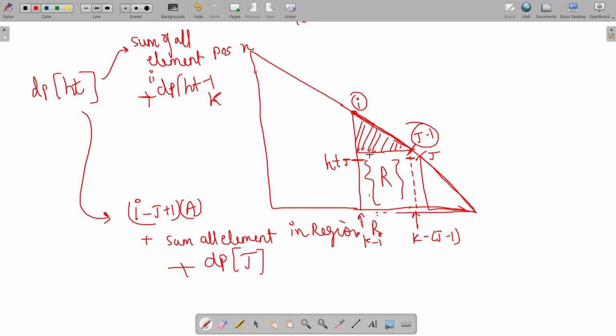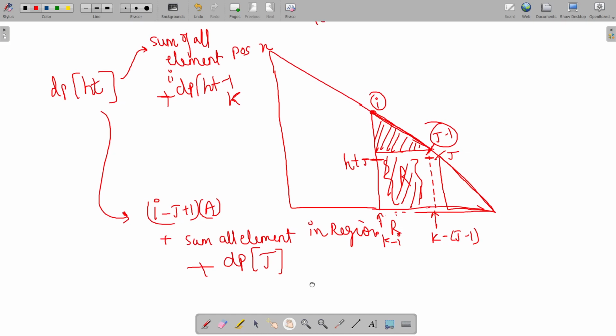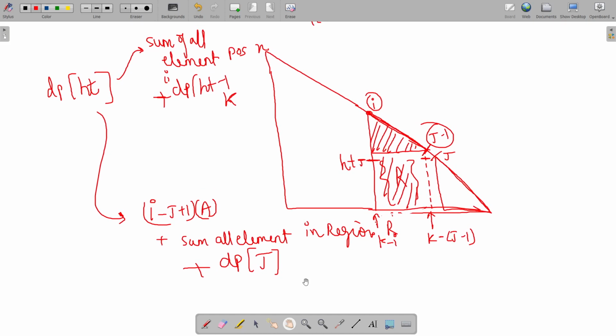So in this region, you will iterate over all the elements, and you will add their score. Okay, so that's how you will do it in a brute force manner, but how do you optimize it is the question, right? So now let's try to discuss that.